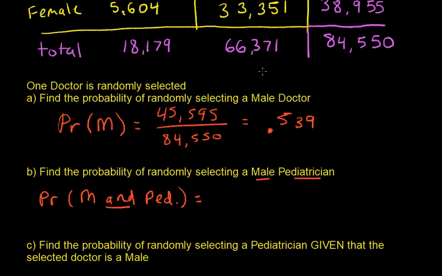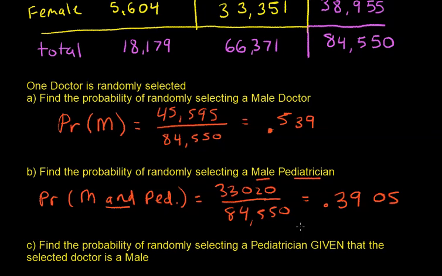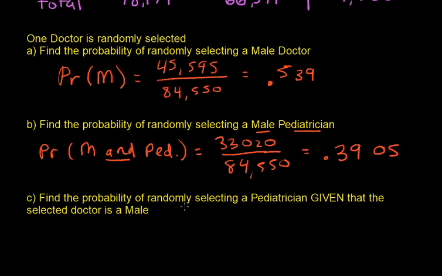So let's go ahead and write that. 33,020 out of the 84,550 in the sample. That'll give us the probability of being a male and a pediatrician. So that's 0.3905.